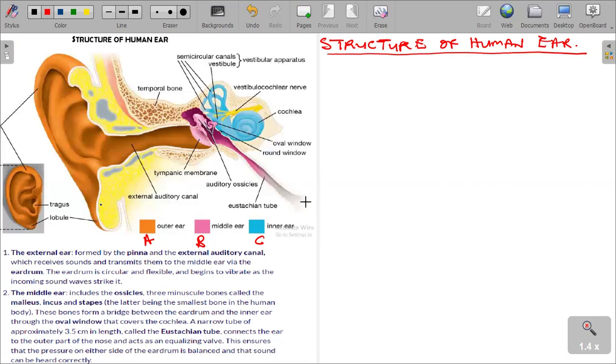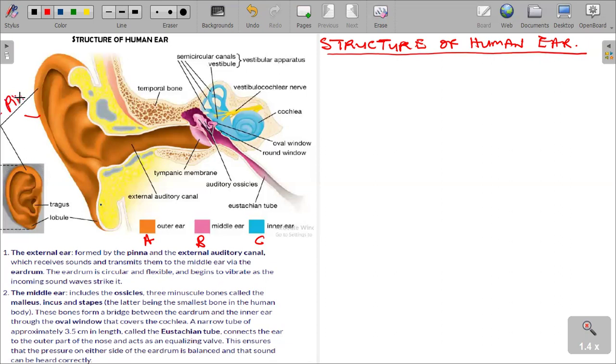To begin with, we would want to look at the outer ear, which is the external ear. From my diagram here, you can see that we have the flesh part of the ear, which I can label because my diagram doesn't show it clearly.